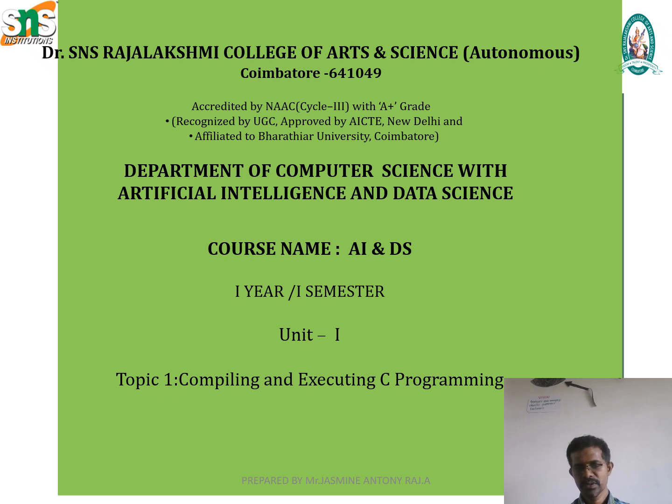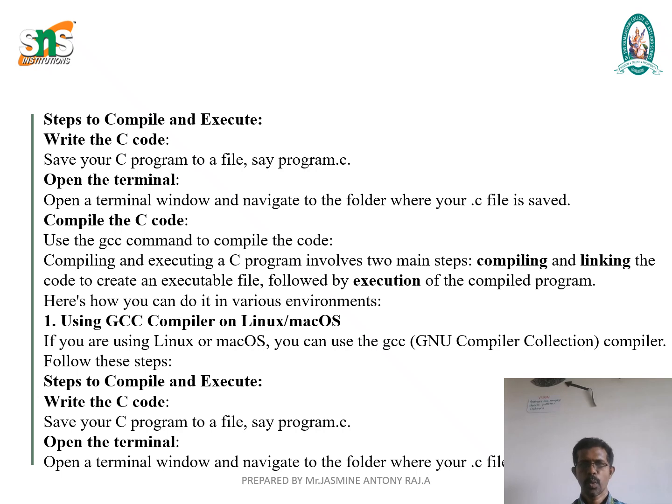Today we are going to see the subject compiling and executing C programming language. Can you tell me what the procedure is to do compiling and executing? Basically, checking whether the program is right or wrong is the only step to do a compile.